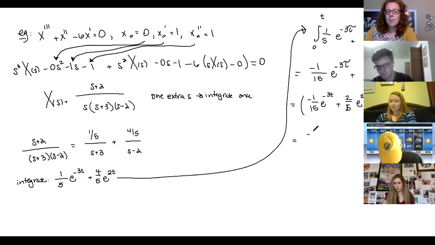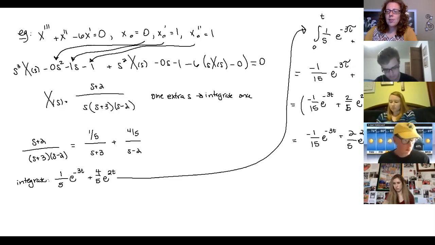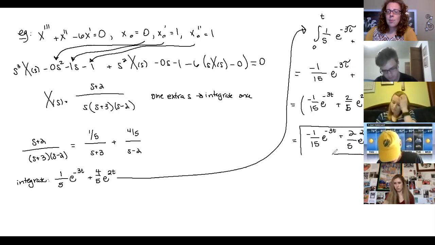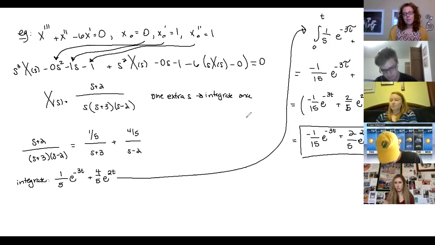So final answer, negative 1/15 e to the negative 3t plus 2/5 e to the 2t, and then if you combine those coefficients in the second part, you're going to get minus 1/3.